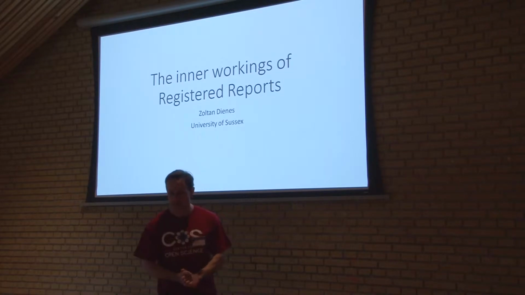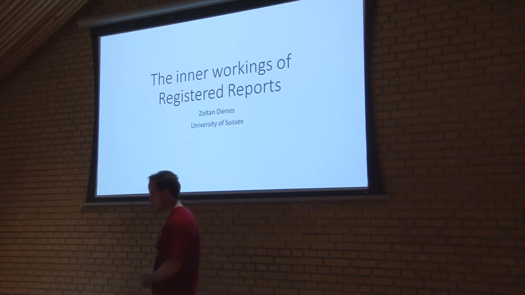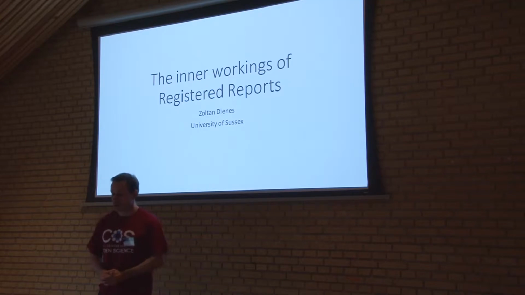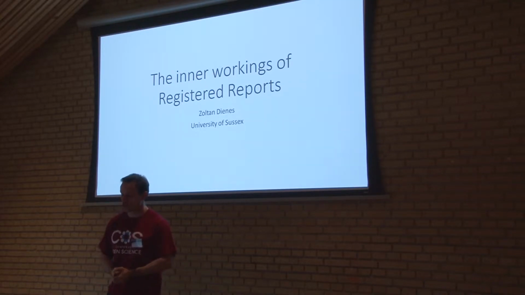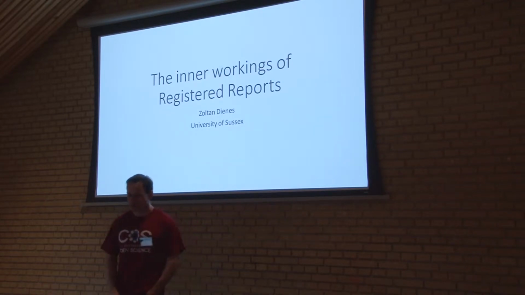Then it goes back and forth. The most rejections occur at the editorial desk reject level, often after some back and forth with the editors. After that stage, as long as it gets past the editors, 90% of registered reports are accepted, at least at Cortex. So it has a high initial acceptance rate.